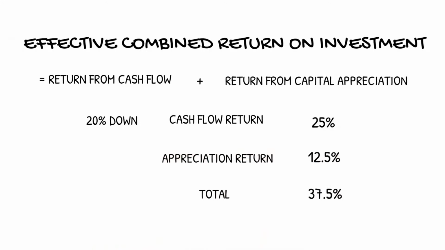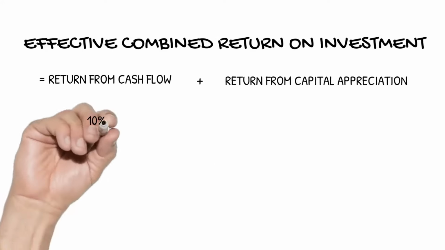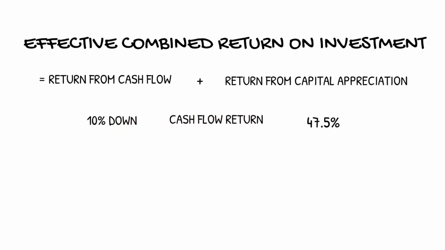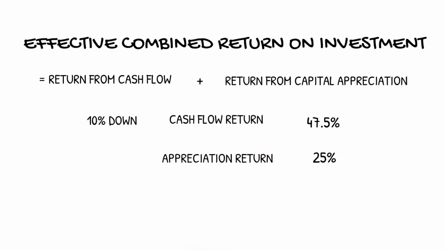You're going to earn 37.5% on your investment. And with 10% down, you're going to receive 47.5% return on your cash flow, 25% on your capital appreciation. Based on the money you put in, you're going to get 72.5% return on your investment.